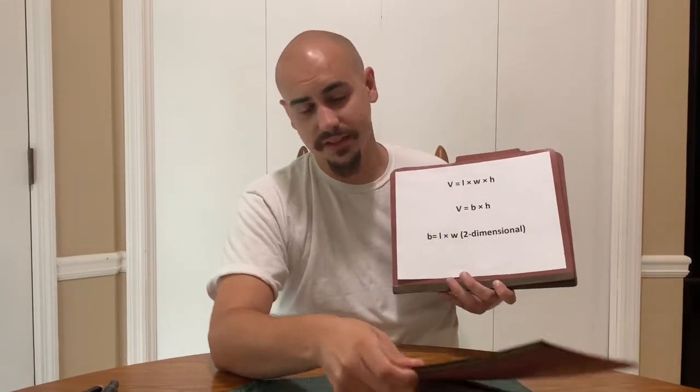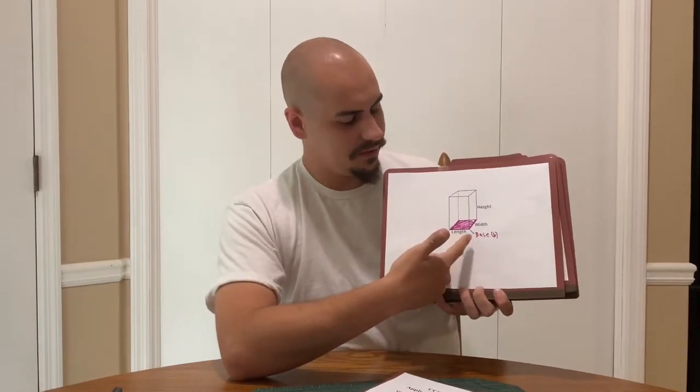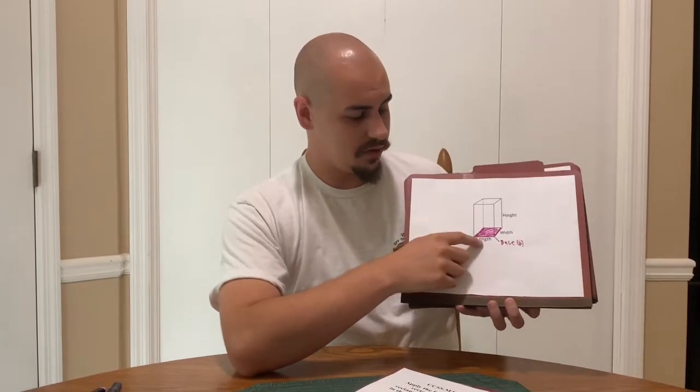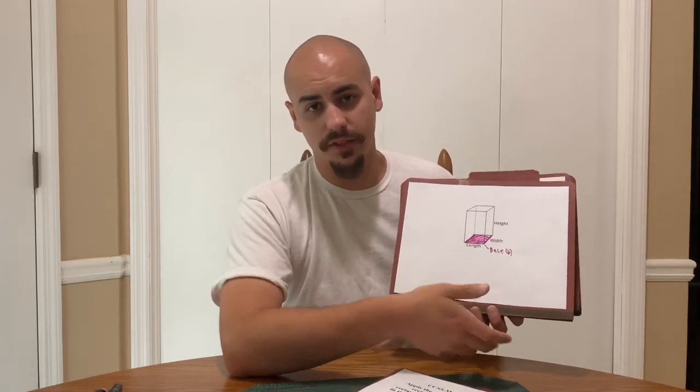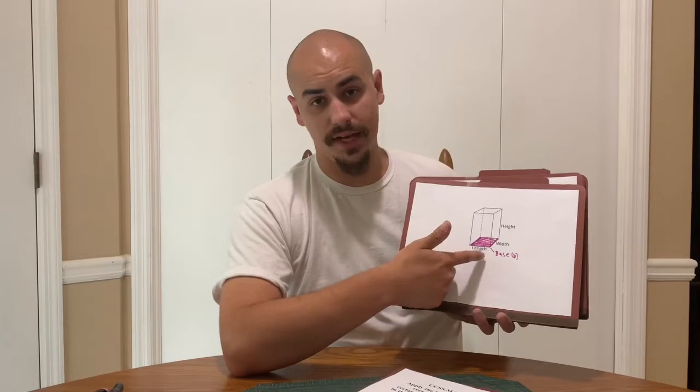What do we mean by base? Here you can see the base. I have highlighted base B. This entire area right here is the base. So you notice that's actually the area of length times width. If you remember from two-dimensional figures, trying to find surface area, we simply find length times width. That gives us the surface area of a two-dimensional figure. So that's one side.